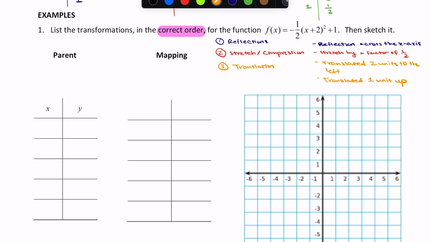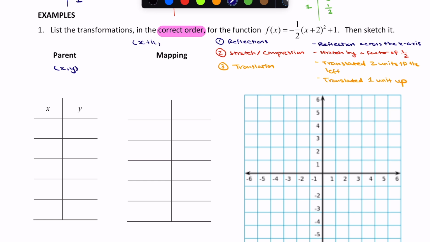Okay, so here we see again our transformations: a reflection across the x-axis, stretched by a factor of 1 over 2, translated 2 units to the left, and translated 1 unit up. So here, again, our parent function and our x and y values in our mapping notation. Again, we understand the transformations here.